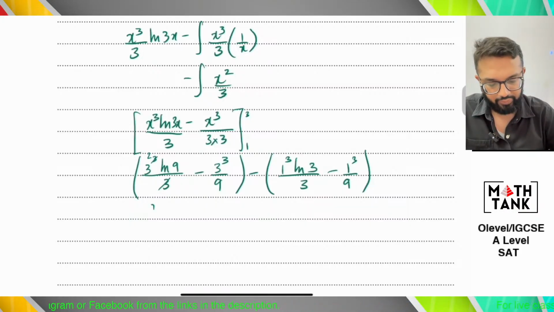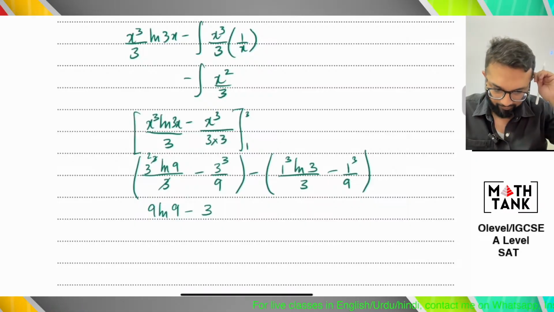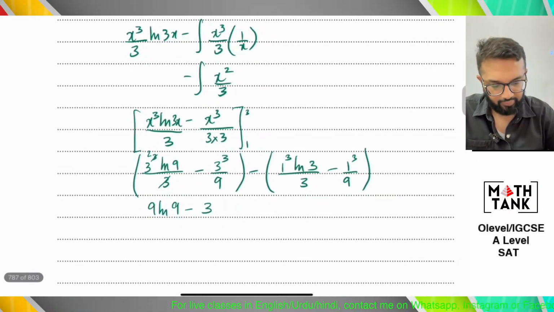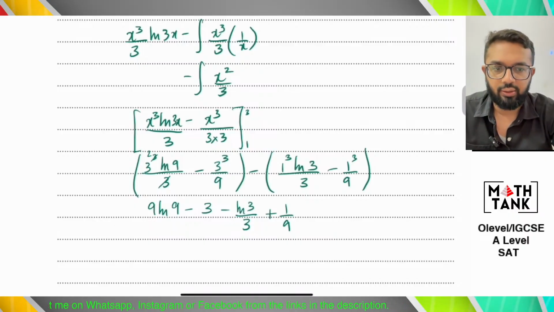Okay, so 9 ln 9 minus 3 minus ln 3 over 3 plus 1 over 9. I hope I'm doing that correctly.